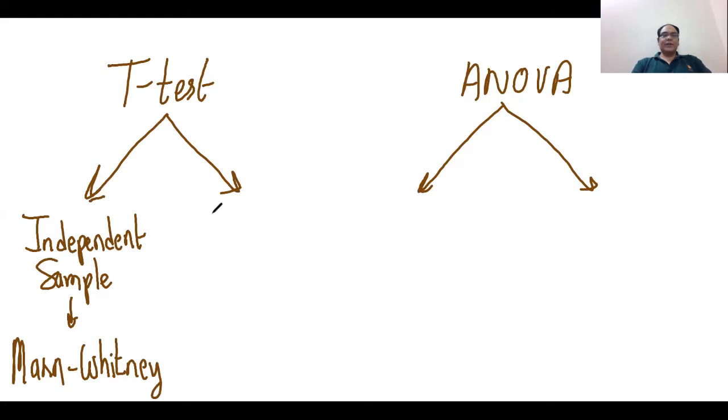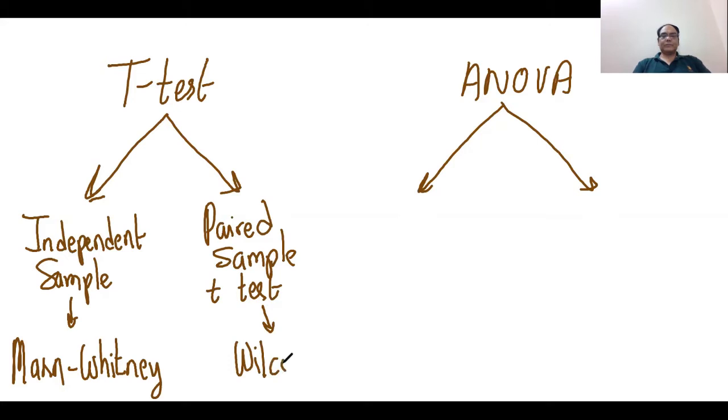Similarly, in second case, we are having the paired sample t-test. And if you are having the sample size less than 30, the substitute is Wilcoxon test. So Wilcoxon test we can apply when we want to shift to the non-parametric substitute of paired sample t-test.